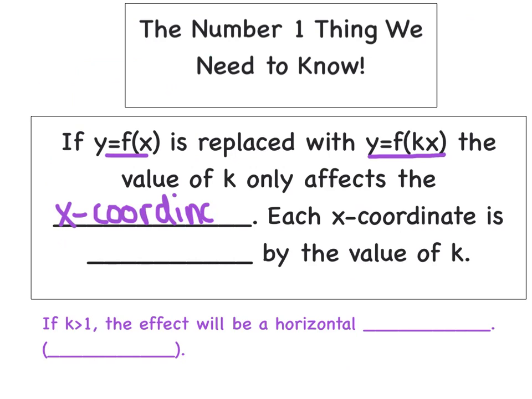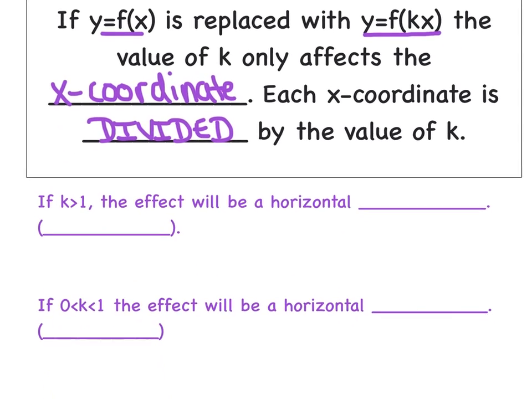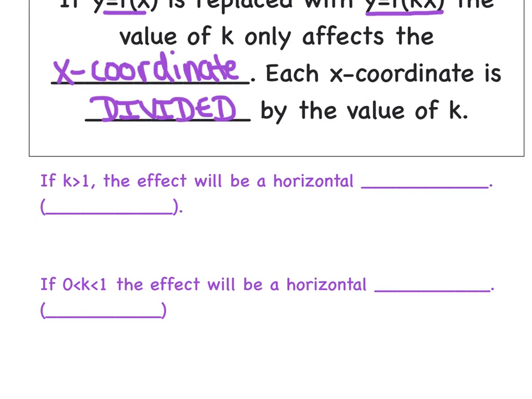Okay? In other words, each x coordinate is divided by, and that's going to sound a little weird, but it's going to come to life here in the next couple of examples. But just keep telling yourself each x coordinate is divided by the value of k. Let's take a look, and let's kind of summarize what we saw in the last slide there. If k is greater than 1, the effect will be a horizontal compression.